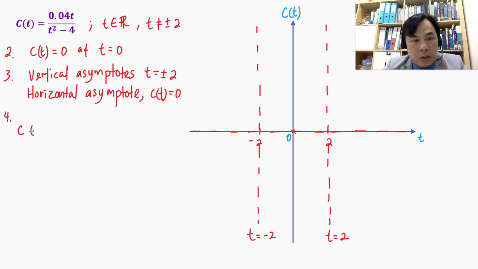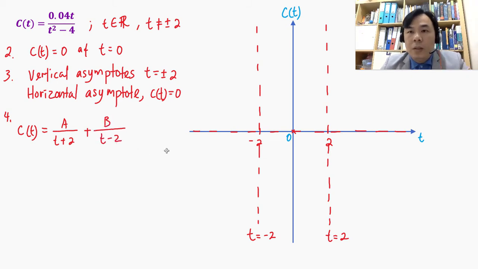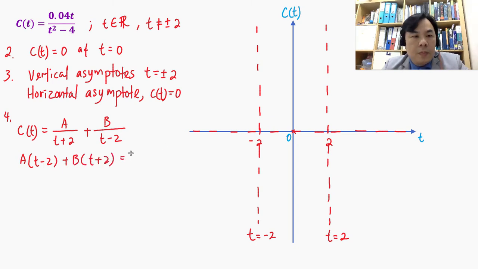So we can actually let C(t) equal to a over (t minus 2) plus b over (t plus 2), this is the partial fraction, and then from here we will have the expression equal to C(t). Now C(t) is actually equal to this, so I can write it down as this one here.